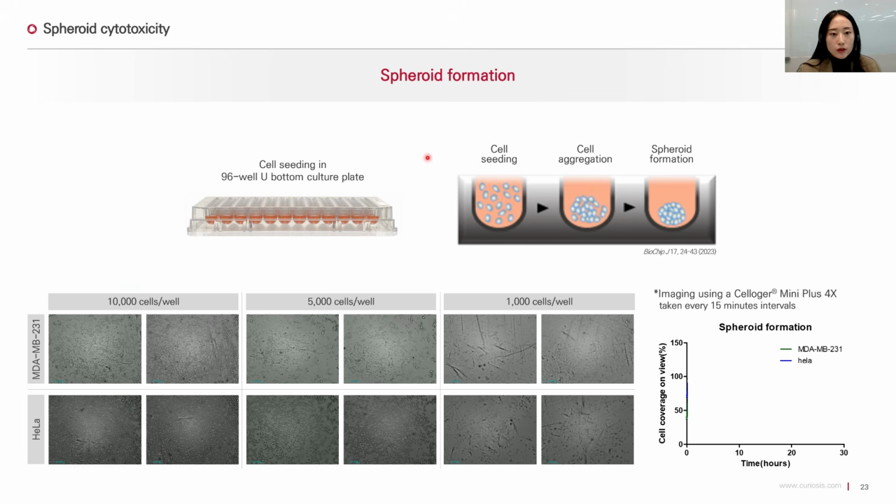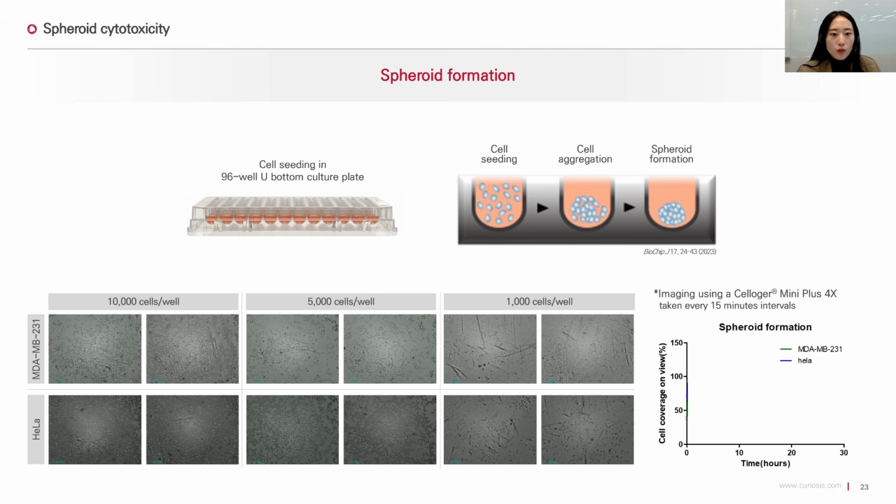Since meaningful cytotoxicity data starts with well-formed spheroids, let me first show how we generate them. There are several ways to form spheroids, but in this experiment, we use a 96-well U-bottom plate. When cells are seeded into these wells, they naturally aggregate and form rounded spheroids, as you can see here.